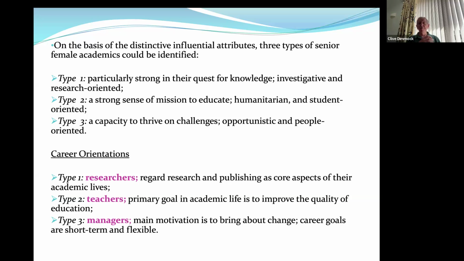And then a third group had a dominant set of attributes: they thrived on challenges, taking opportunities when they arose, and they were quite determined to get up the ladder, to be ambitious in their careers. So she labeled these 3 types: researchers, teachers, and managers. If you took the 11, let's say 4 of them were researchers, 3 were teachers, and 4 were managers.